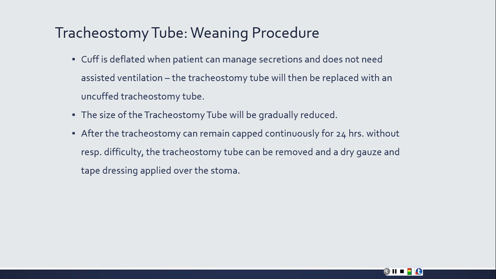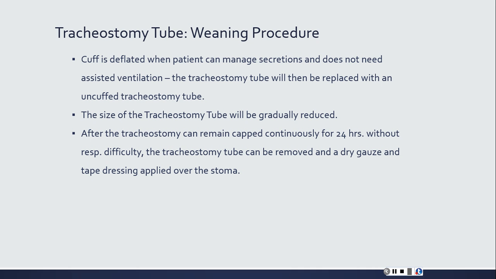Just remember, if that red cap's in place, that patient is not using that as an airway at that time. So if they're struggling to breathe, you can take that off. But once they've tolerated it for 24 hours without respiratory issues or difficulty, the tracheostomy tube can be removed.